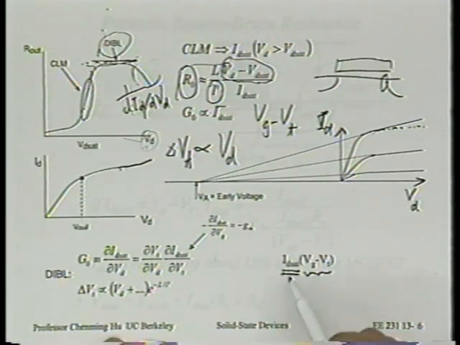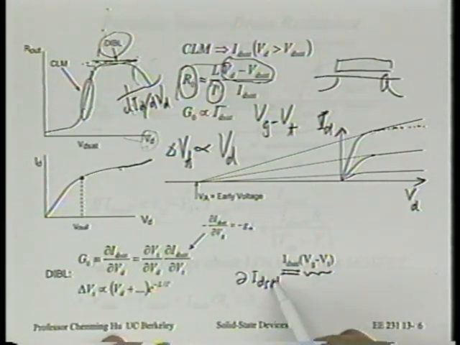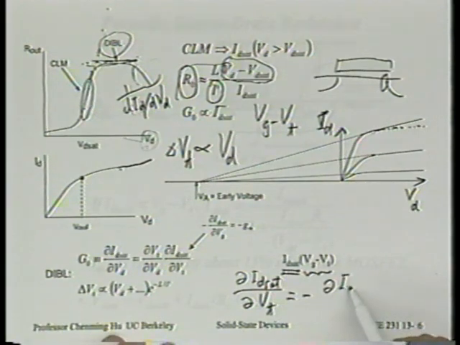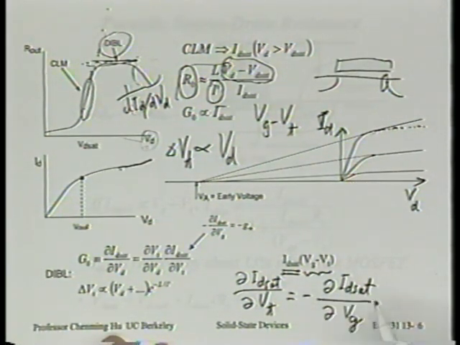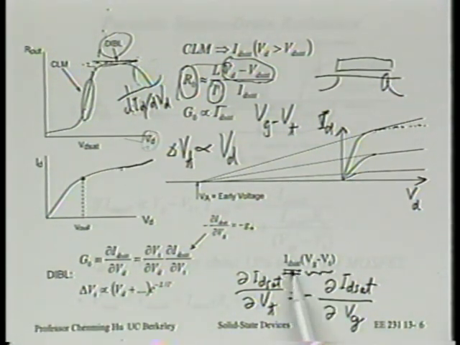Therefore, do you agree that dID sat dVt is equal to minus dID sat dVg, just because these two terms, Vg and Vt, always show up together in the ID sat expression?